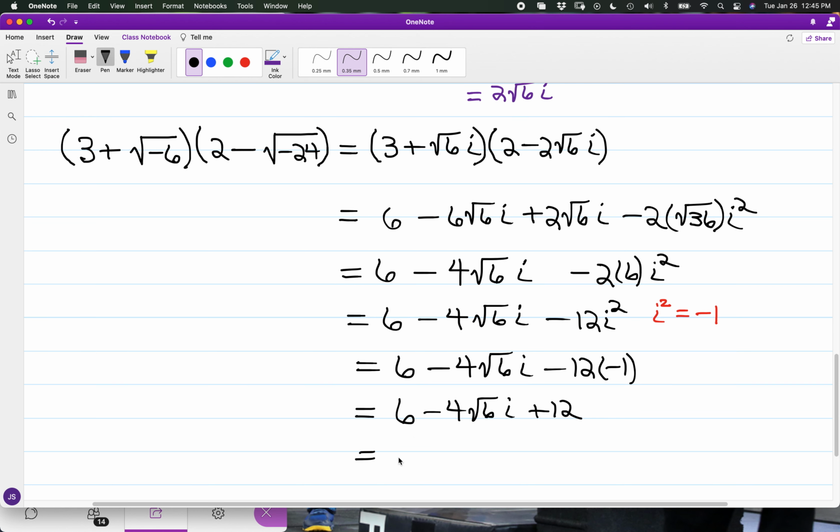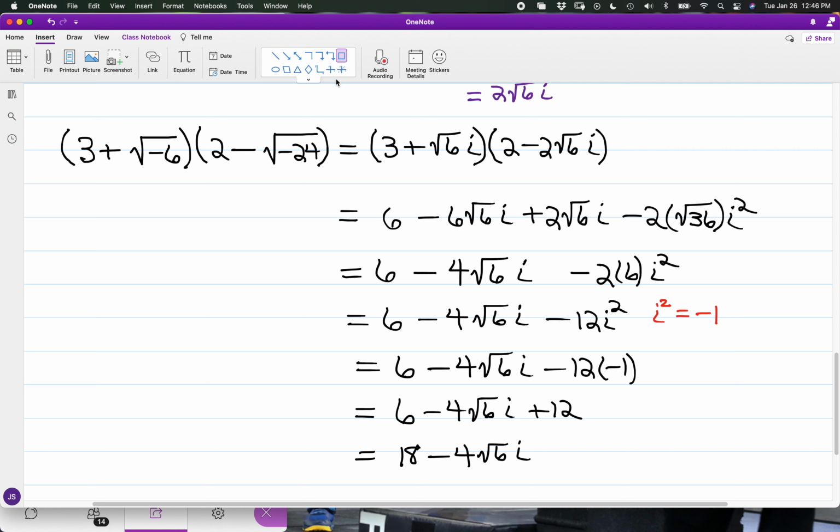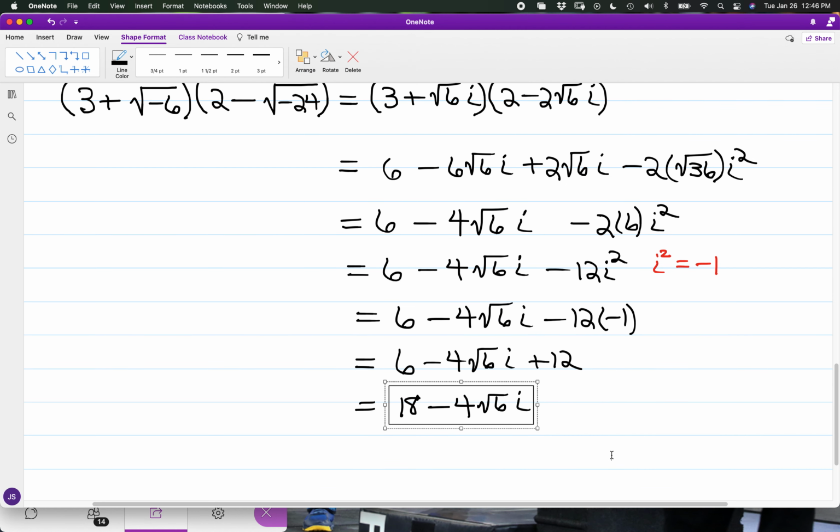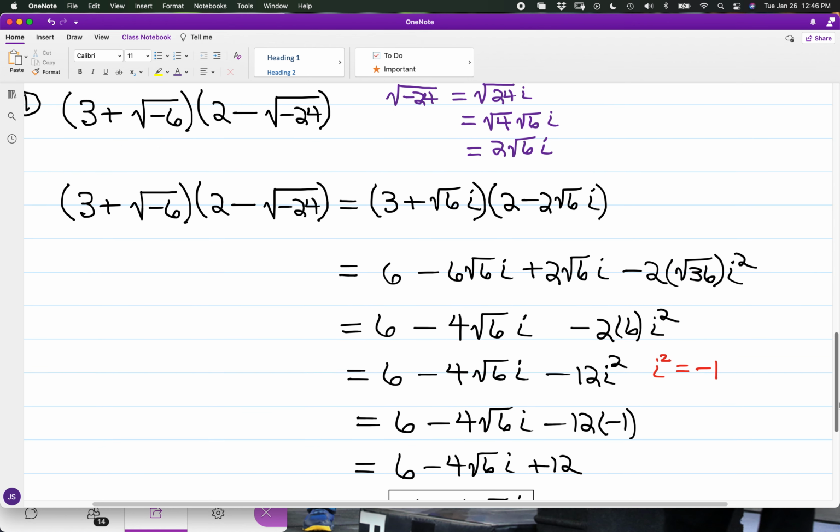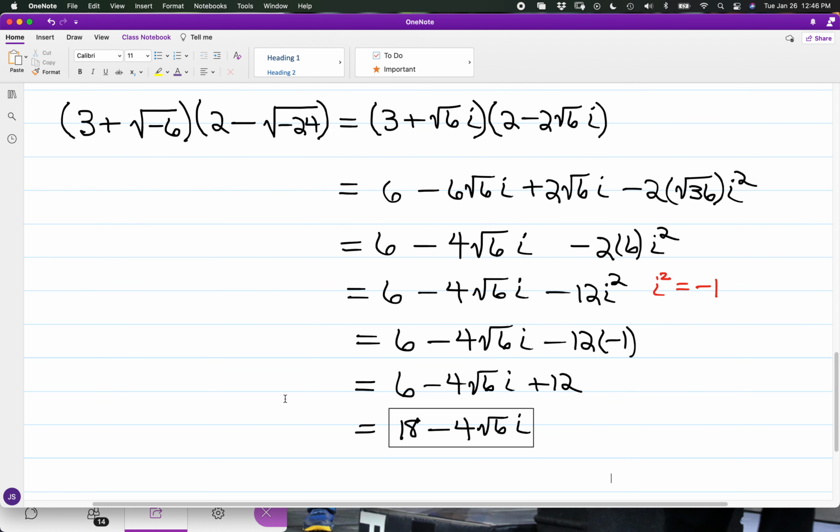And so this will come out to 18 minus 4 times the square root of 6 times i. So that would be the resulting a plus bi form that we have in the product. And just a quick once over.